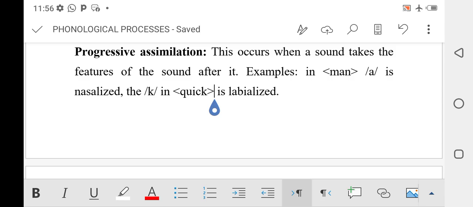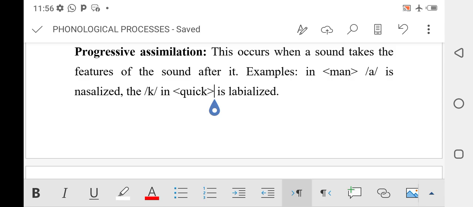We look at quick, the first K, because there are two K's. We have quick, all right? The first K is K, a velar plosive followed by W, a bilabial approximant. Because this first K is followed by W, when you are transcribing it, you have quick.